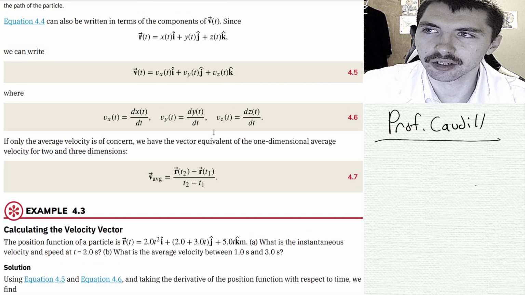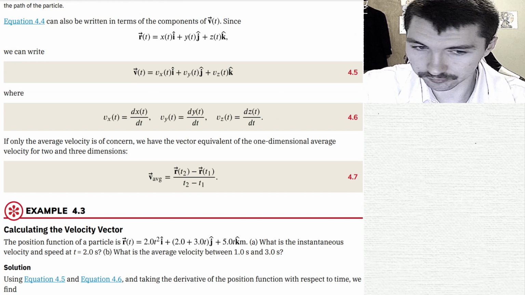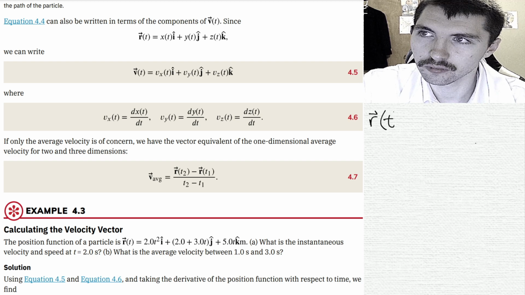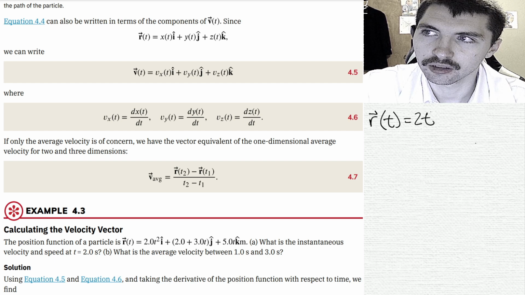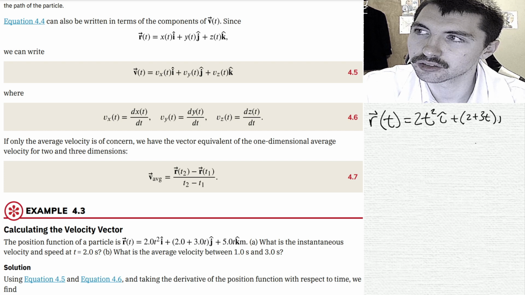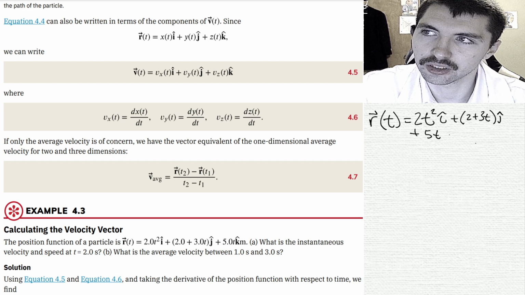All right, so let's try this one. r of t is 2t squared i plus (2 plus 3t) j plus 5t k hat. That's all in meters.